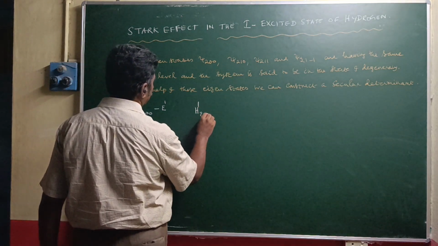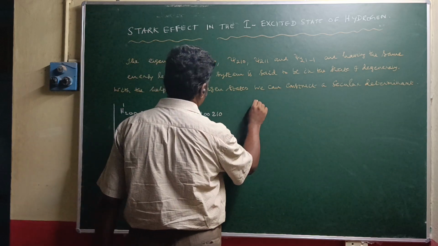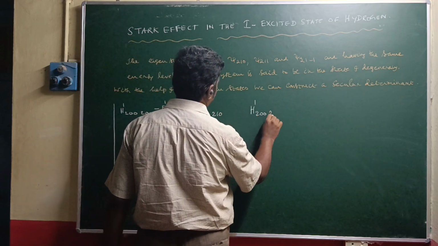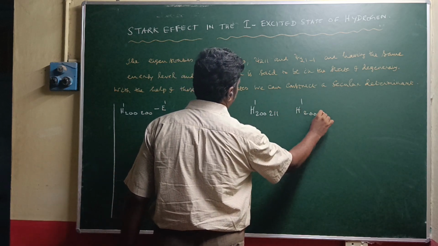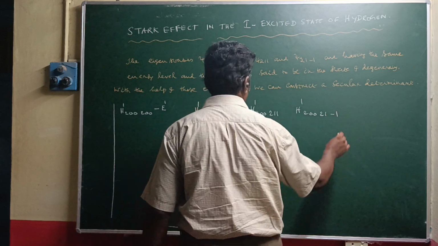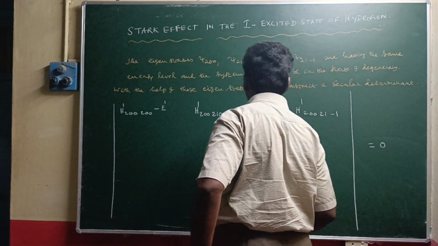The first row is H1 2 0 0 2 0 0 minus E1, H1 2 0 0 2 1 0, H1 2 0 0 2 1 1, H1 2 0 0 2 1 minus 1. The entire determinant should equal 0.